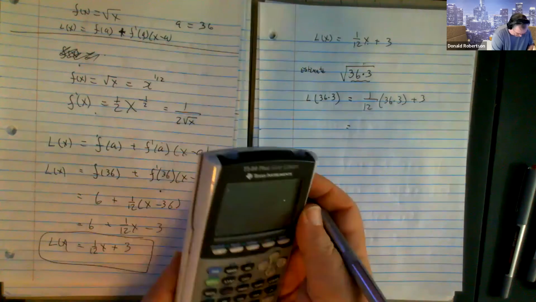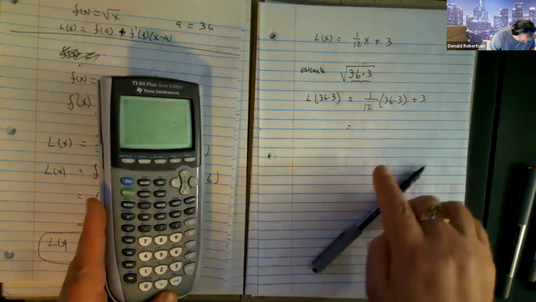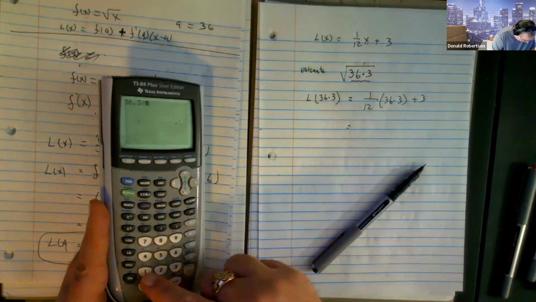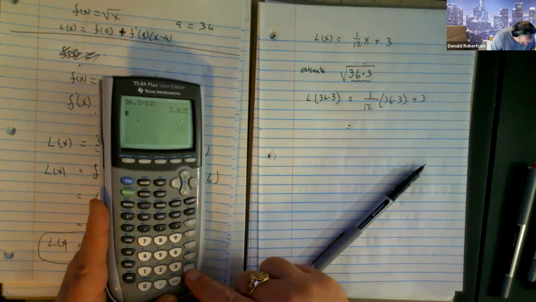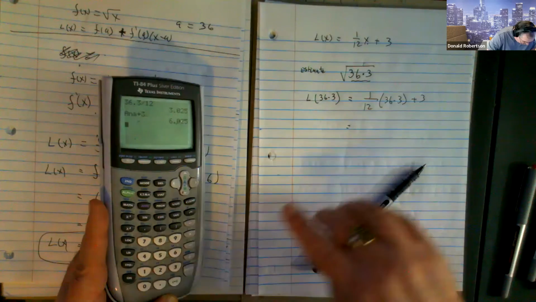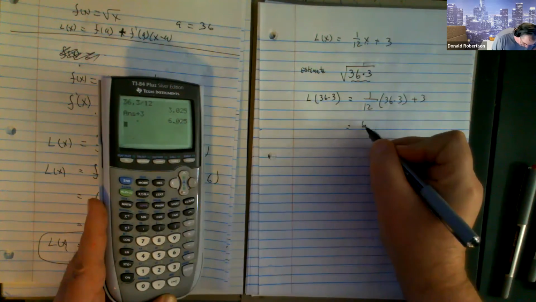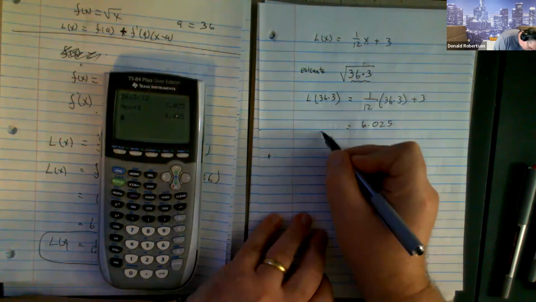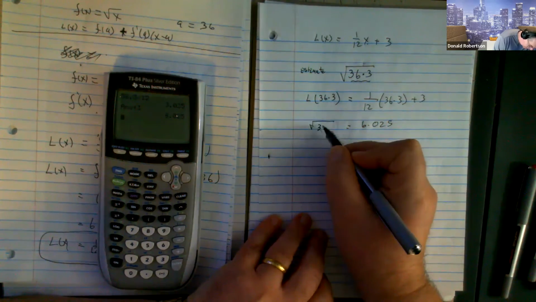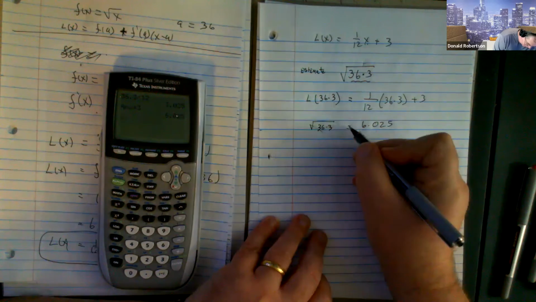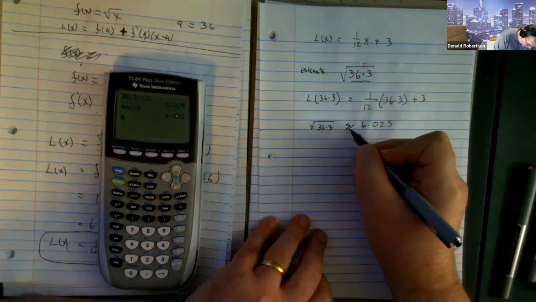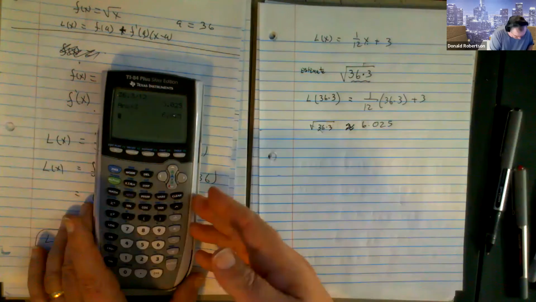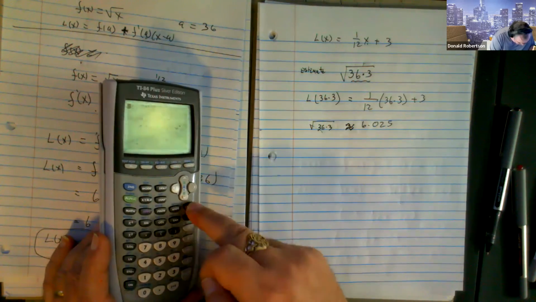I'd get my calculator and do 36.3 divided by 12, and then add 3, and I'd get the answer 6.025. And that would be my estimate for that. So you put little squiggly lines, that means approximately equal to. And now let's find out what it really is, see how good it is.